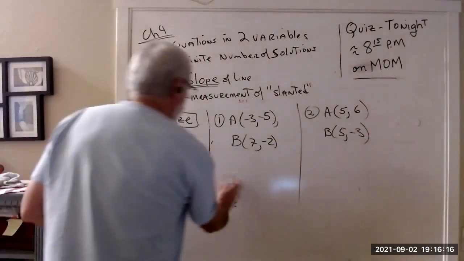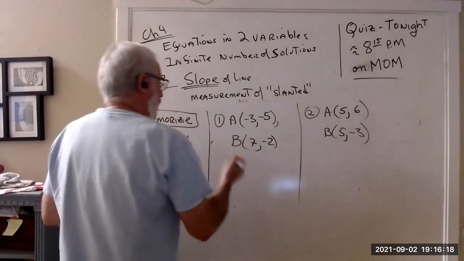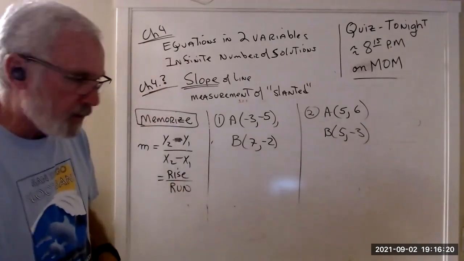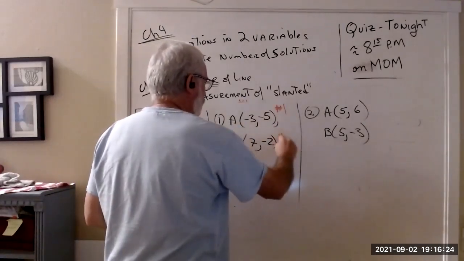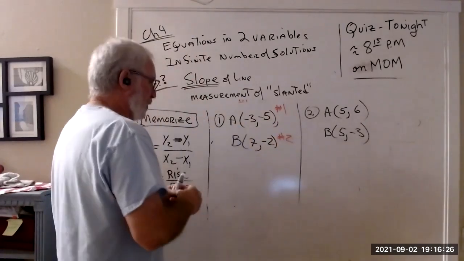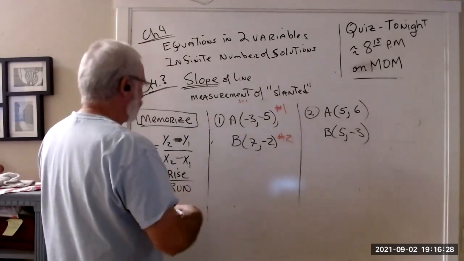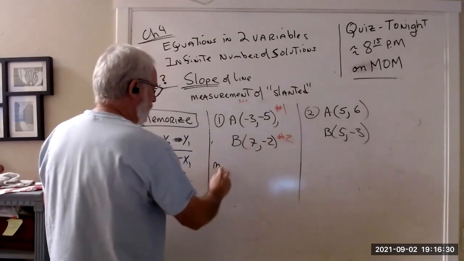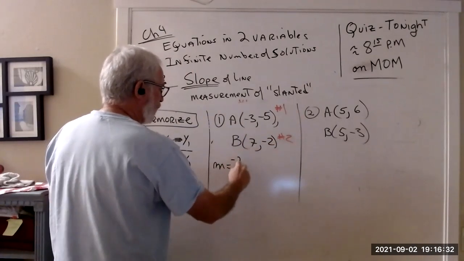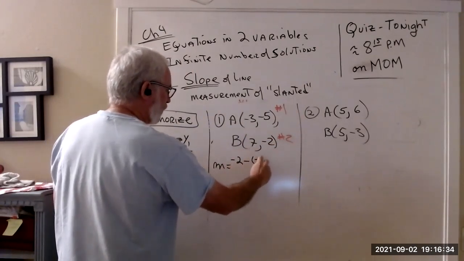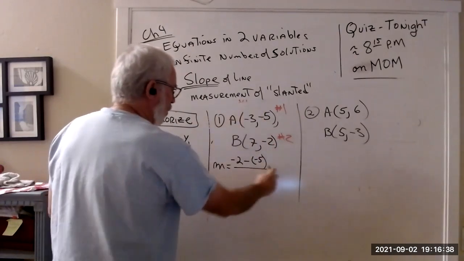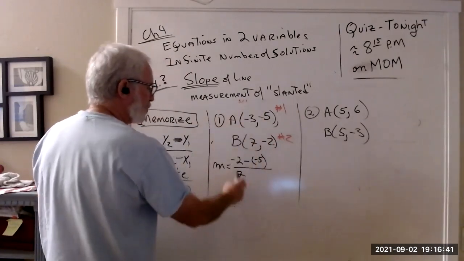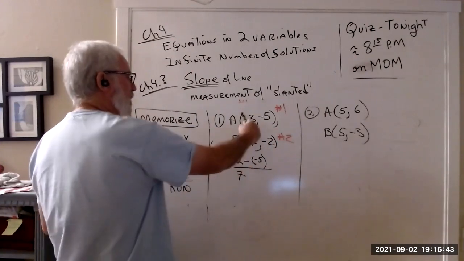So if we go to this problem here, by the way, it's arbitrary, I'm just going to call this one number 1 and this one number 2. If I go y sub 2 minus y sub 1, I get -2 minus -5, over x sub 2 minus x sub 1.